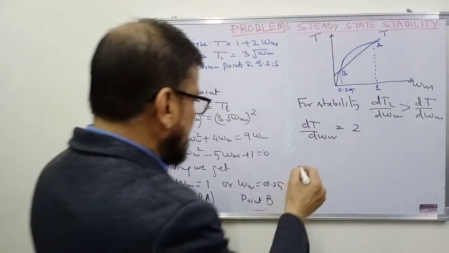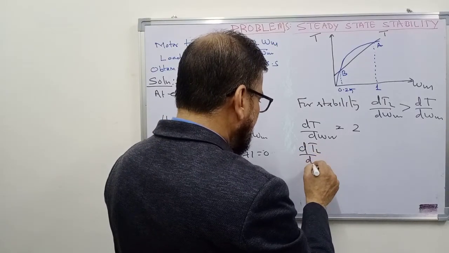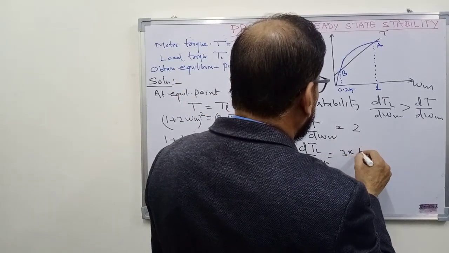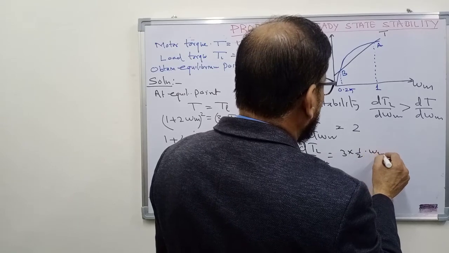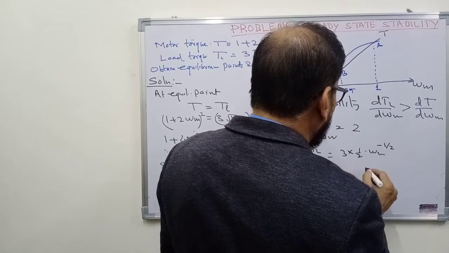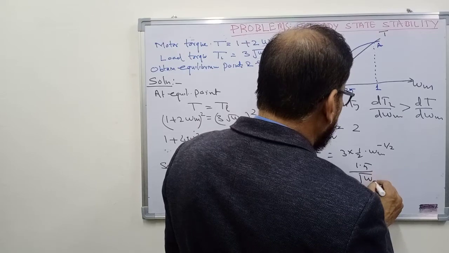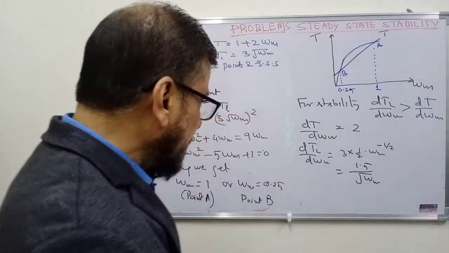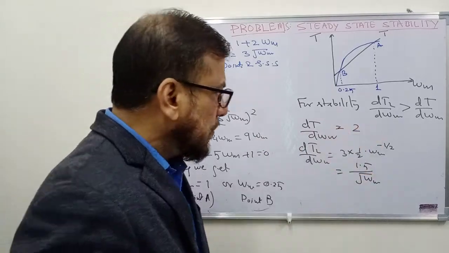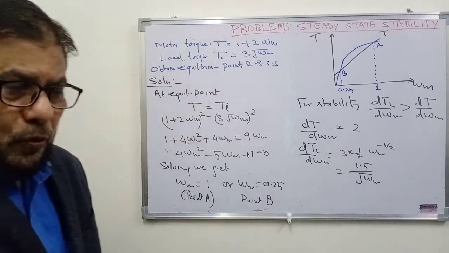And what about dTL upon d omega m? It is equal to 3 into 1 by 2 into omega m to the power 1 by 2 minus 1, that is minus 1 by 2. And you can write it as 1.5 upon square root of omega m. So dT upon d omega m remains constant, equal to 2. Let us find the value of dTL upon d omega m at the 2 points.